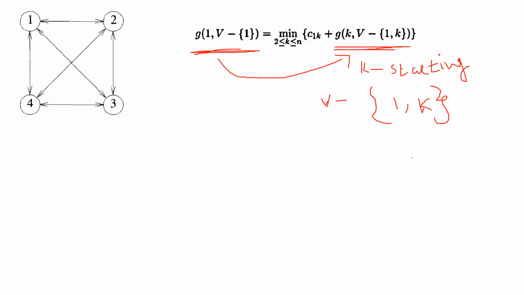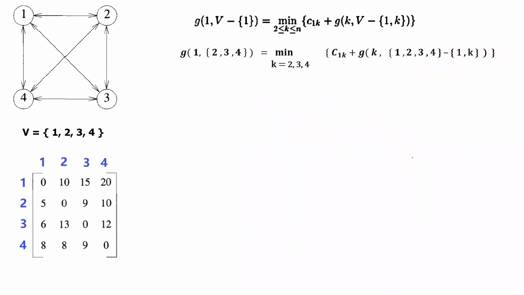Then you have already visited K. Then the remaining nodes will be, apart from city number 1 and city number K, V minus 1 comma K. So this is a recursive formula. This recursive formula you will be able to understand when we work out some problem. You'll be able to understand how this formula gives you the length of the shortest path.